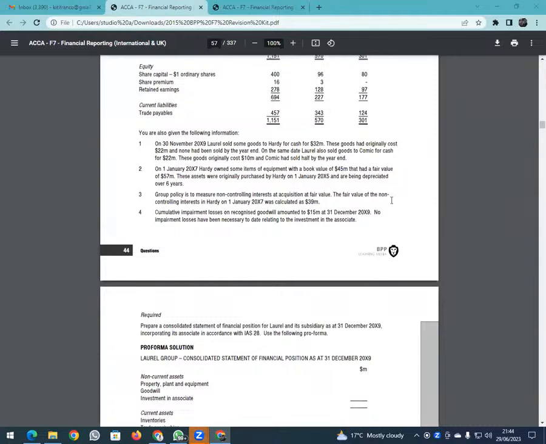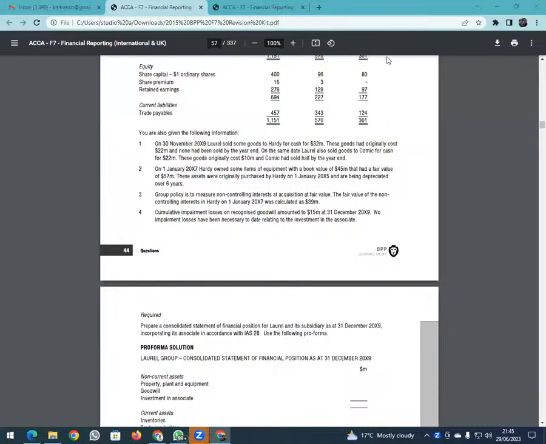So you take 39 plus 11, and then you subtract the share of the impairment loss. Remember, impairment loss was 15. So these guys, you give them 20%, which is 3. So if you take that 50 minus 3, we got 47 for NCI.